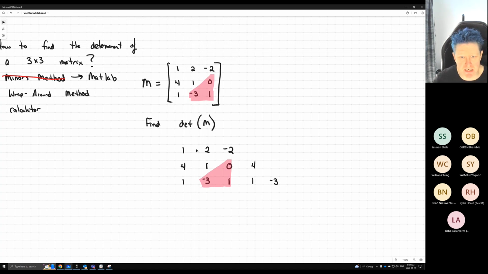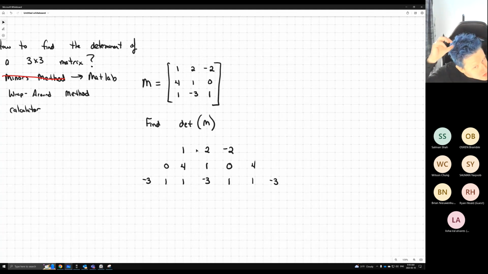I'm going to pick that up, copy it, and attach it on the left side. And believe me, this method is a lot easier than the minors method. So, there isn't much left to do.